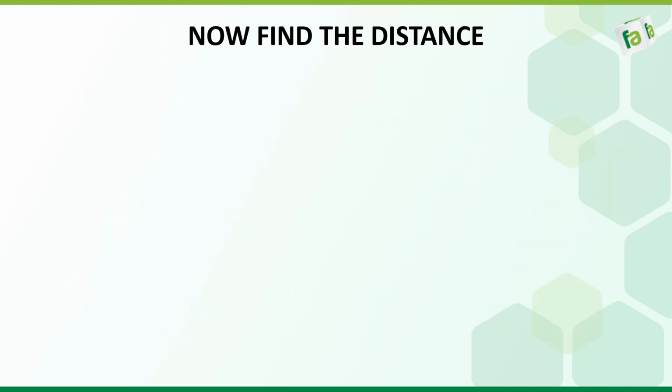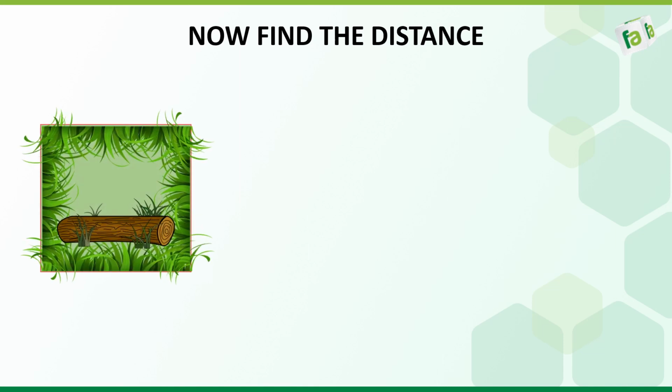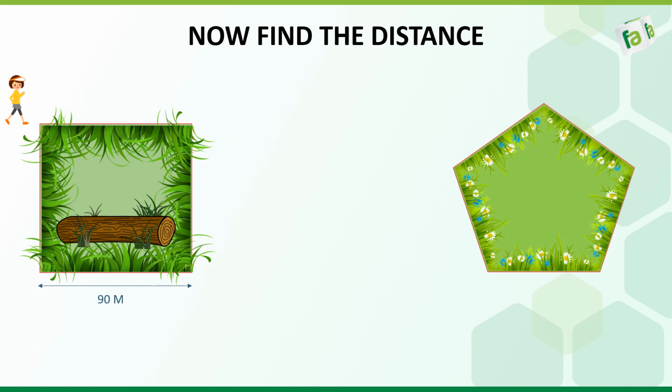Now, let's solve more questions. Prerna runs around a square field of side 90 meters each. And Sheena runs around a pentagon field of side 60 meters each. Find who covers more distance and by how much. Let's find the answers together.